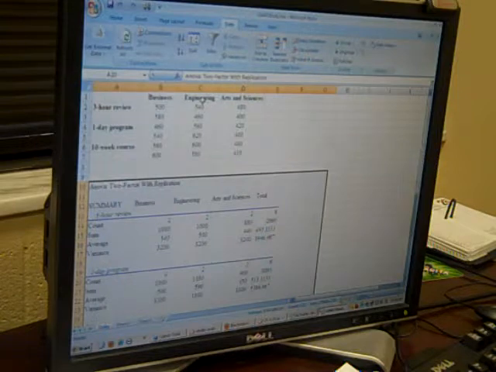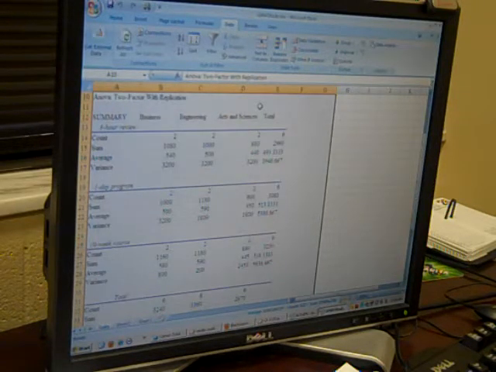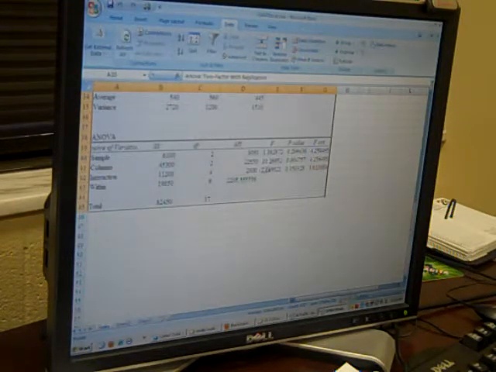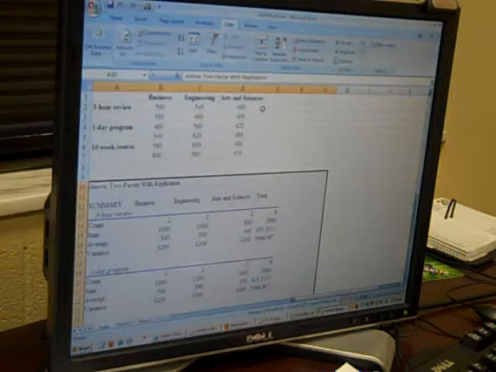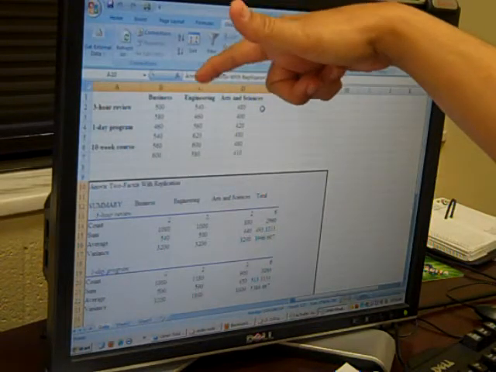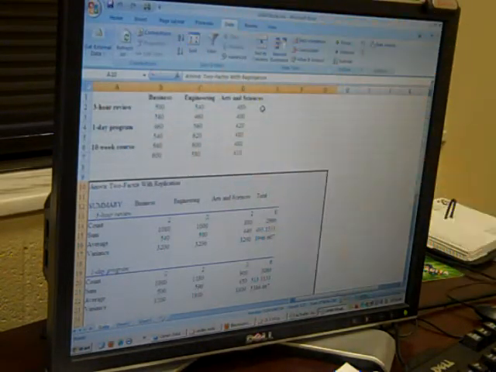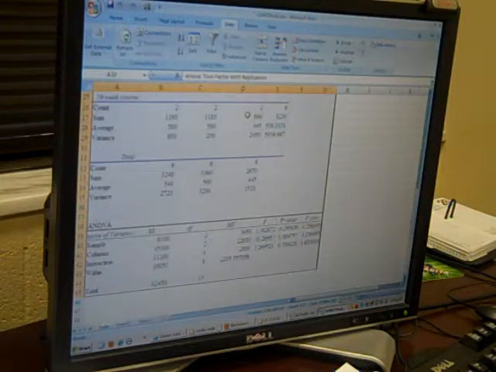Being in business or engineering or arts and science really affects the variation in my GMAT scores. And what about the interaction between the college and the program used? Let's see. No, there are no real significant differences in the interaction itself.